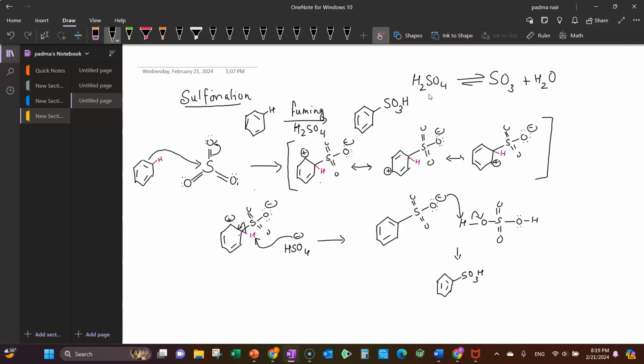H2SO4 can be written as dissociating into HSO4 minus and H3O plus. So that HSO4 minus is my base, which takes the proton, and finally you get your substituted benzene.